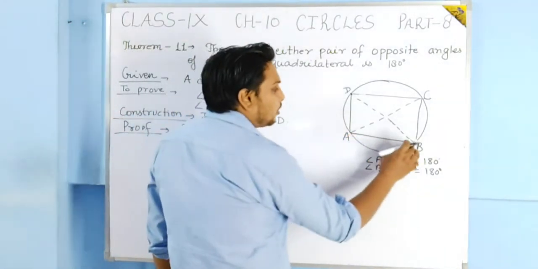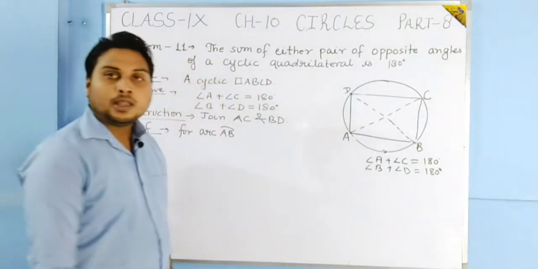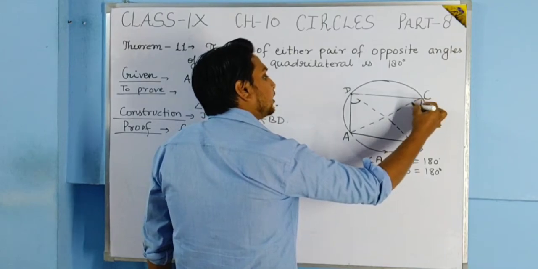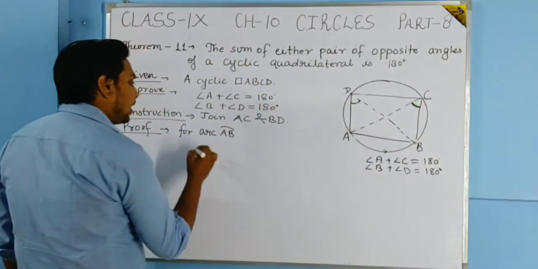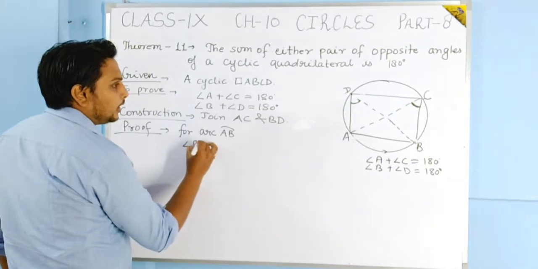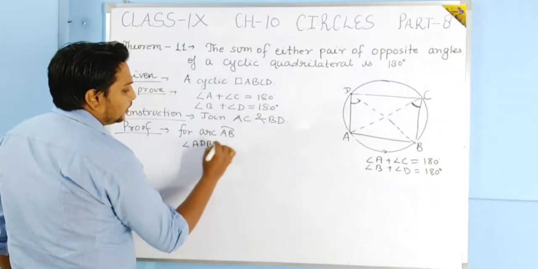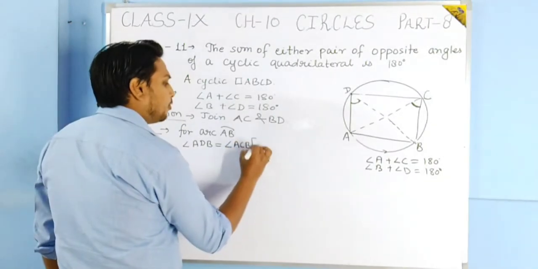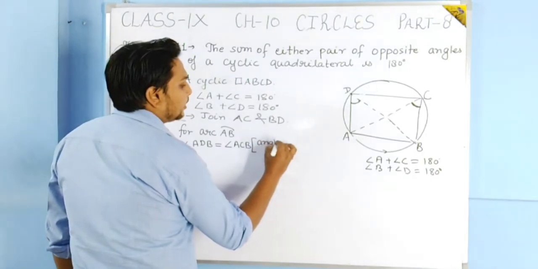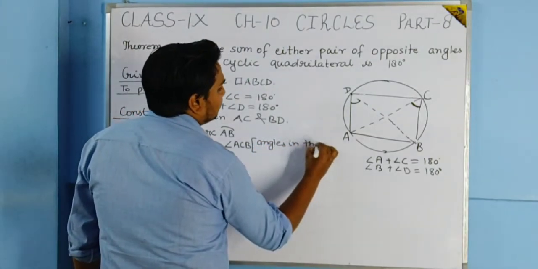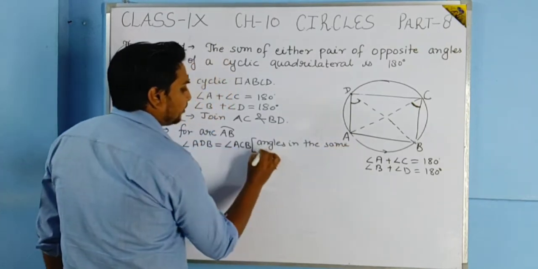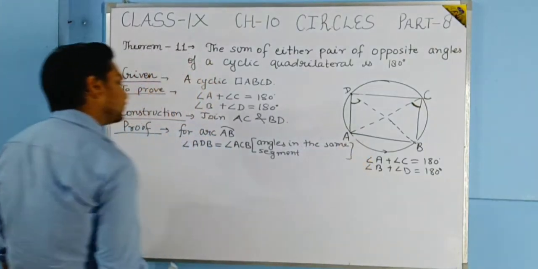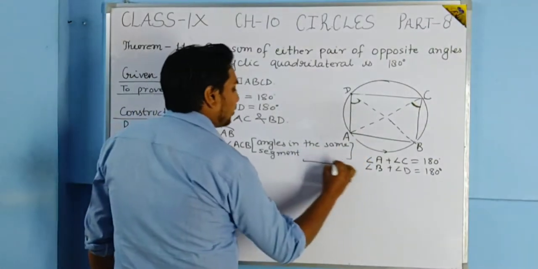So for arc AB, this angle is equal to this angle: angle ADB is equal to angle ACB. And the reason we'll write is angles in the same segment. Suppose it is equation number 1.